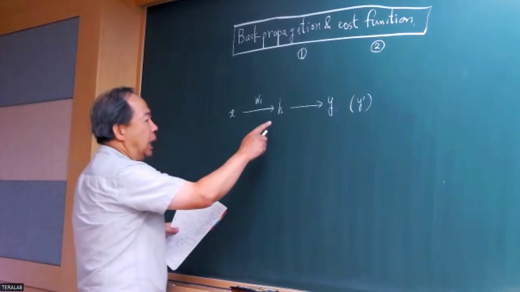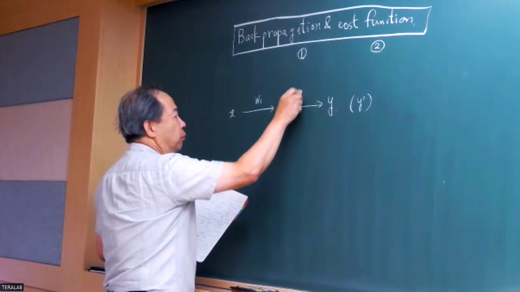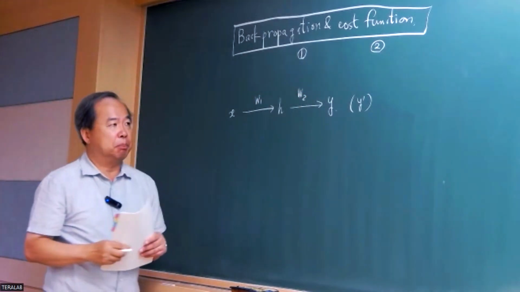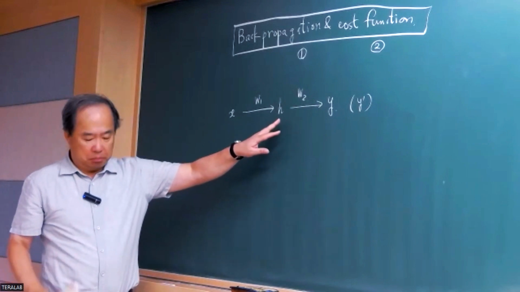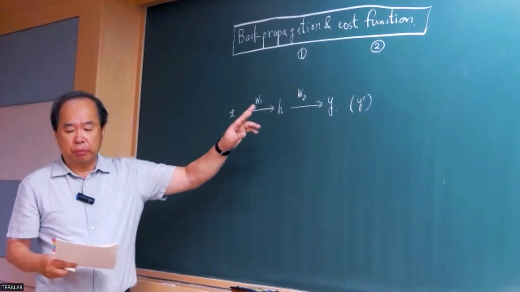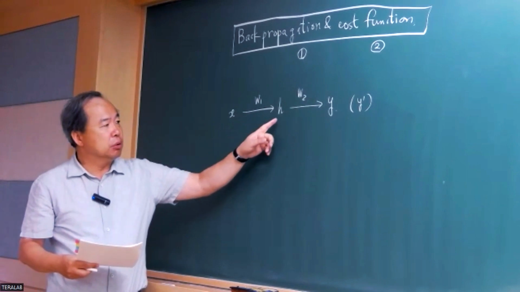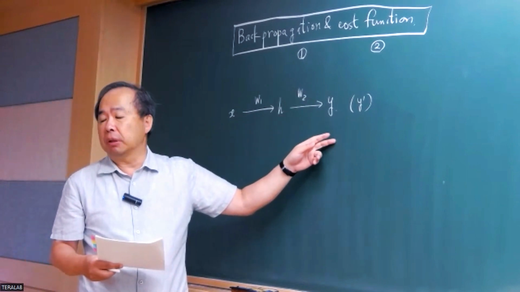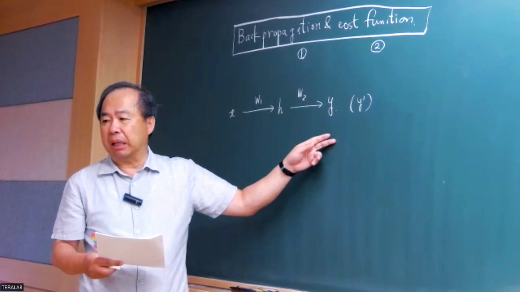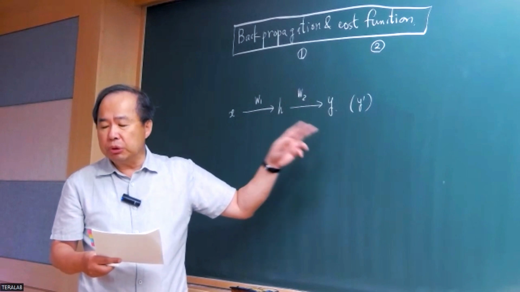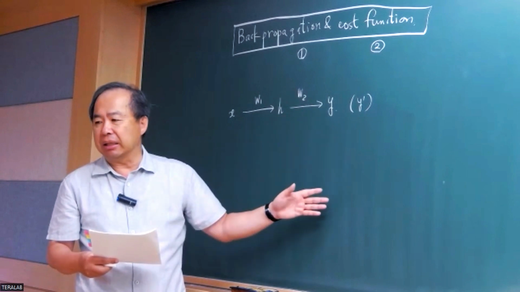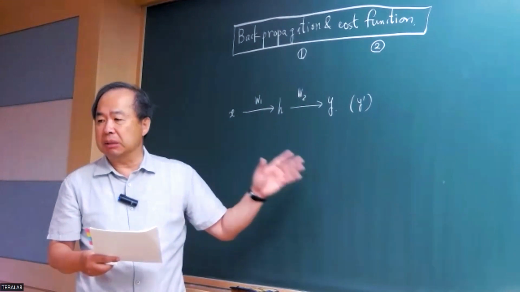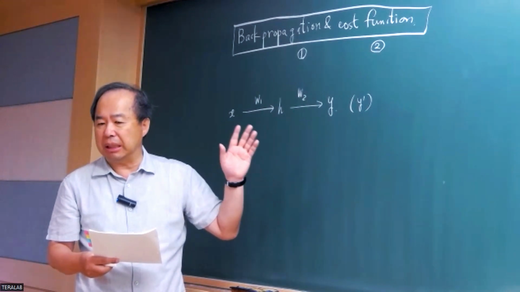And then the hidden layer will be multiplied by the weight matrix W2, which is going to be the input of a sigmoid function or sometimes a softmax function. In the next class, I'm going to give you many different types of activation functions. One of them mostly used at the last layer is the softmax function. But at this moment, we are not going to talk about the details of that.